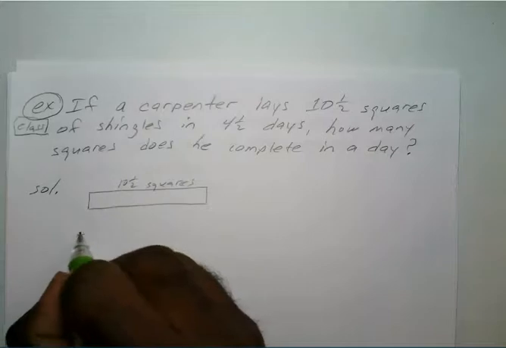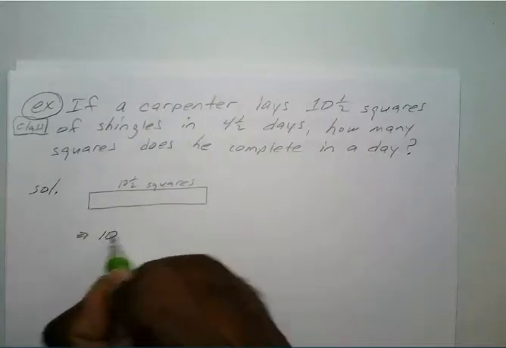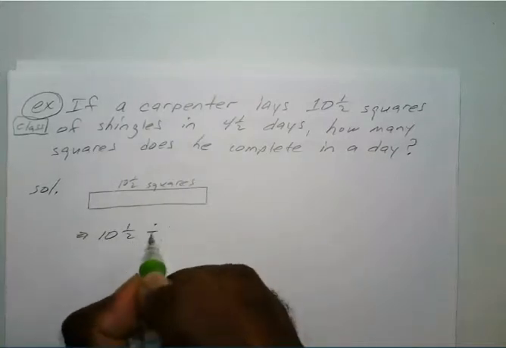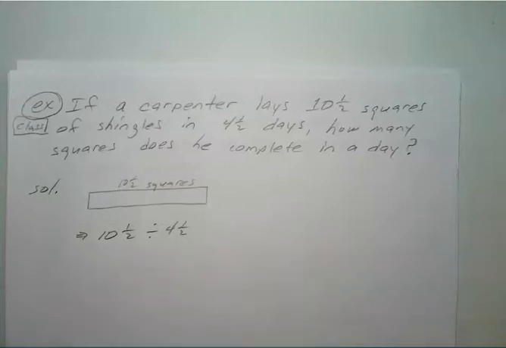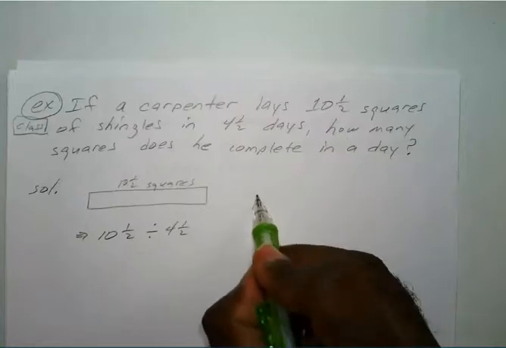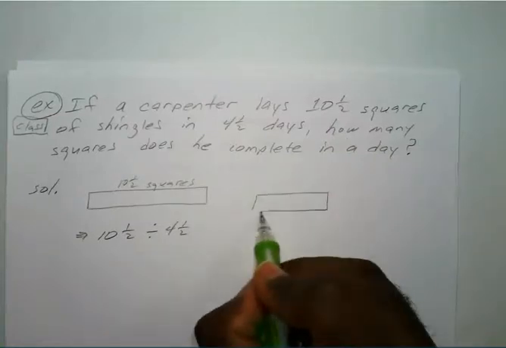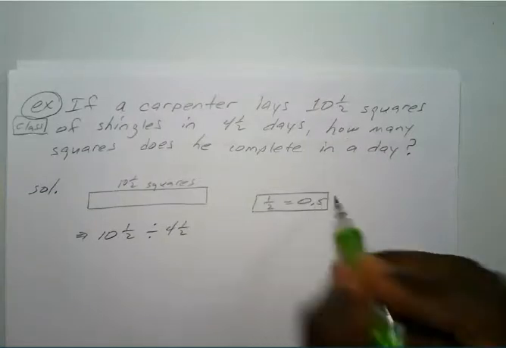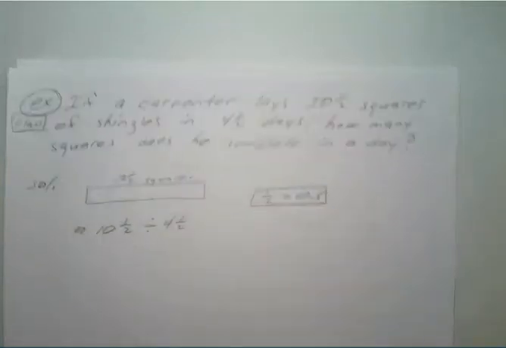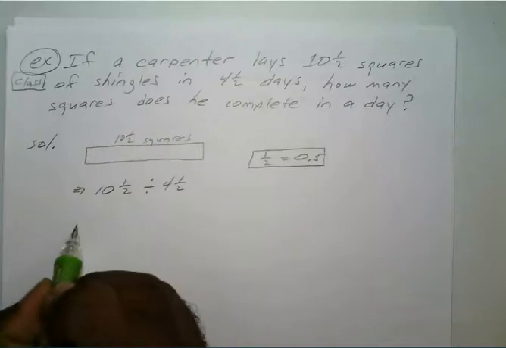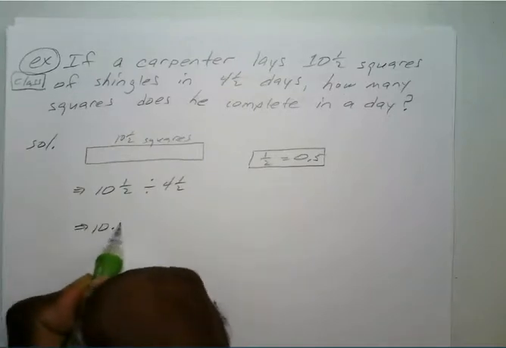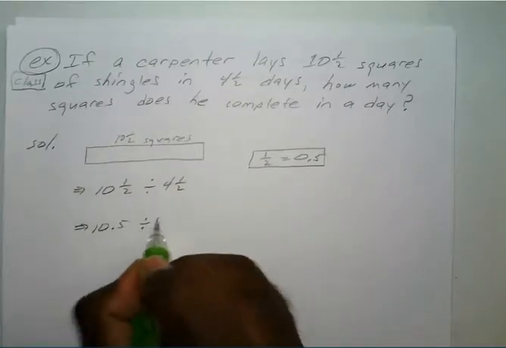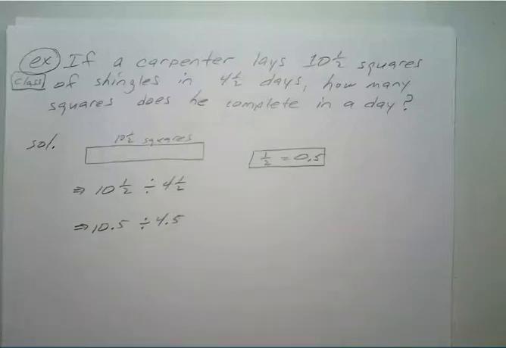That means you want 10.5 divided by those 4.5 days. If you wanted to, you can go ahead and convert 1/2, and that's 0.5. So this will become 10.5 divided by 4.5.